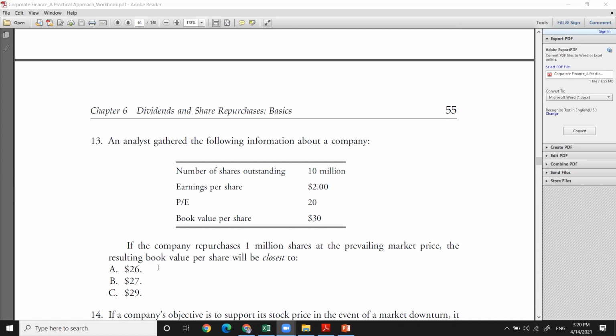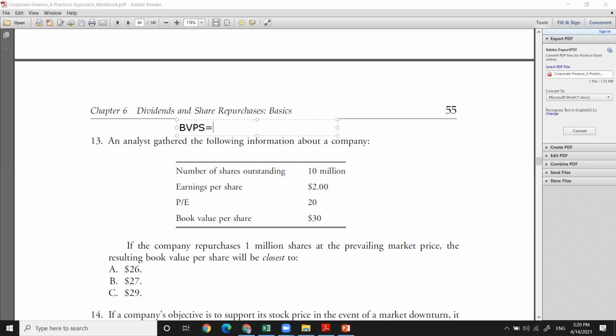Second, we need to know how much money we'll spend on buying back shares, and divide by the number of shares outstanding minus the number of shares repurchased. So, by formula, the book value per share original one is $30.